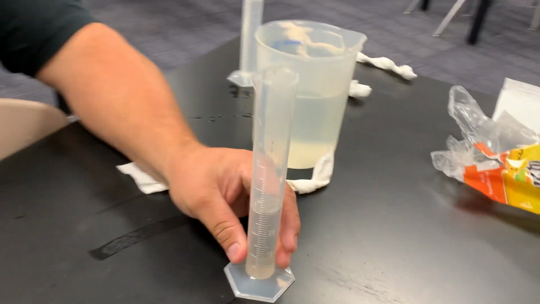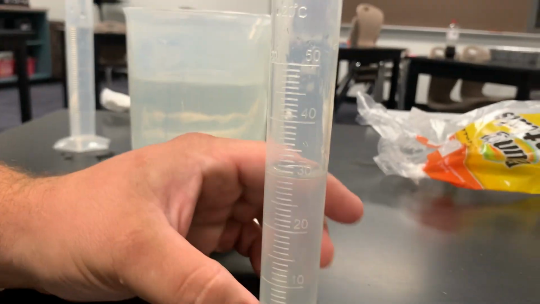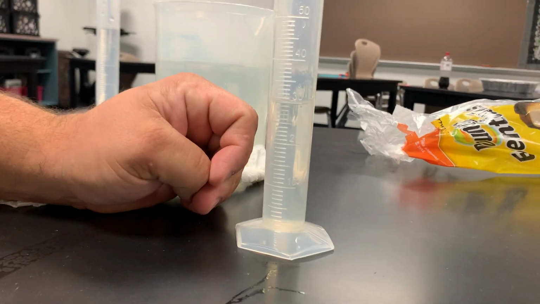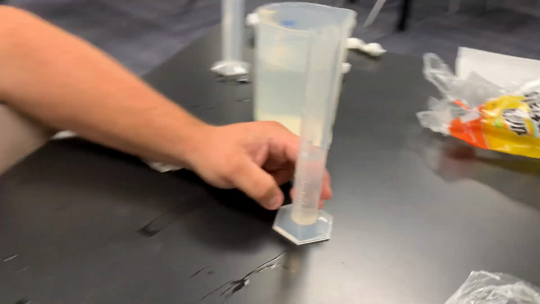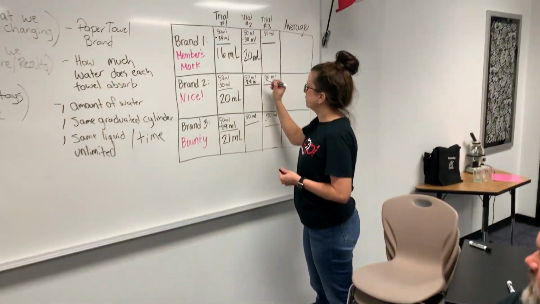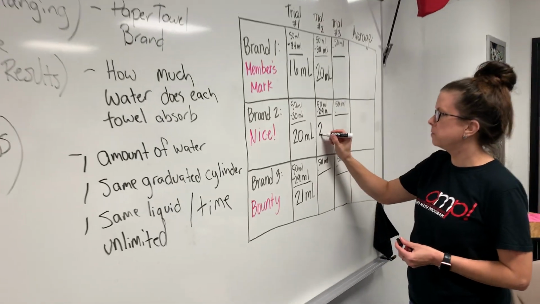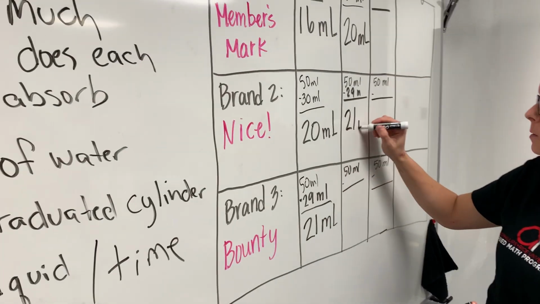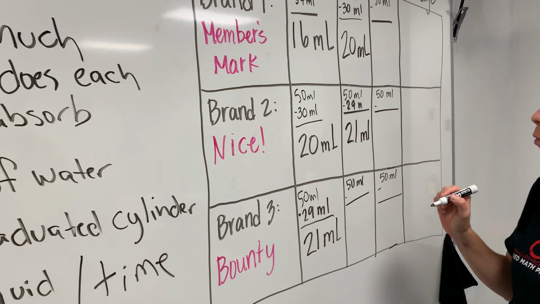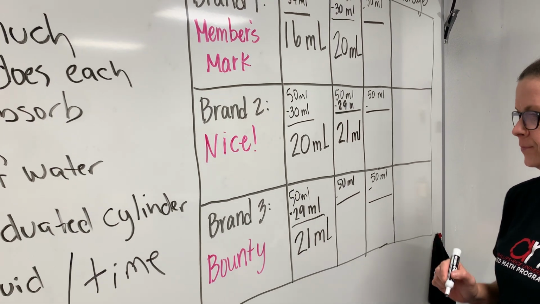And this one is at 29 milliliters. The bottom of the meniscus is at 29 milliliters. So 50 minus 29, that means the paper towel absorbed 21 milliliters.